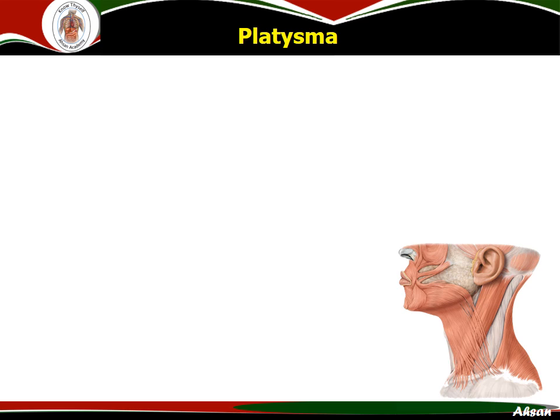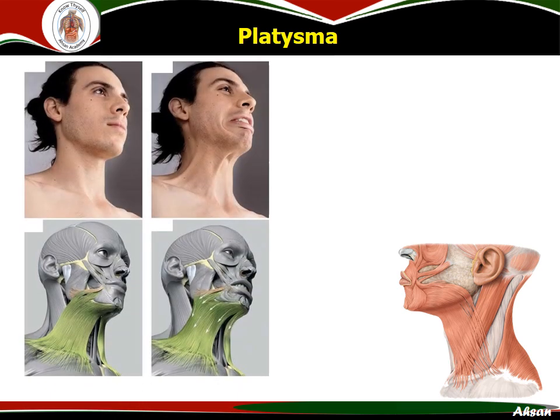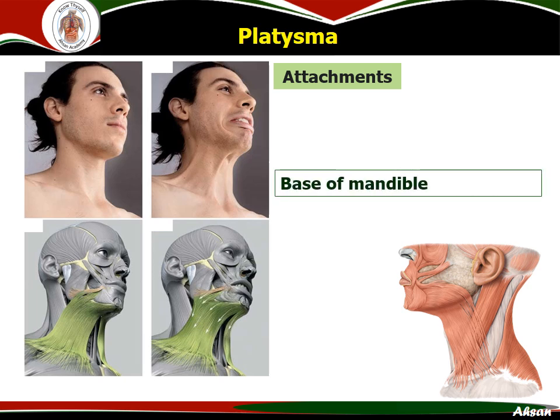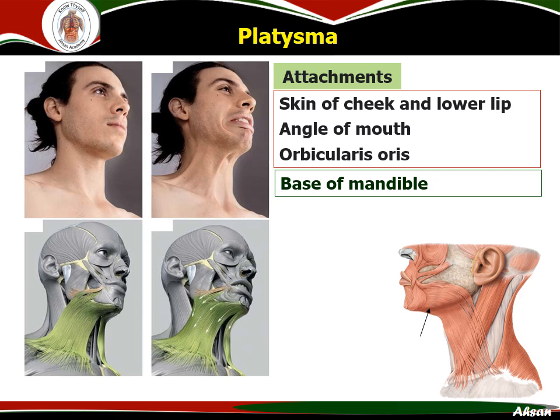This platysma is a very thin muscle that we can see in the figure, can corrugate the skin below the mandible and above the mandible, and this is having attachment to the base of the mandible, and this is the bony attachment. It goes above this, and you see it is attached to the skin of the cheek and lower lip, the angle of the mouth, and the circular muscle around the oral cavity or lips.